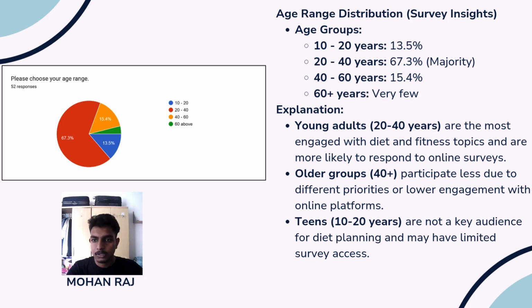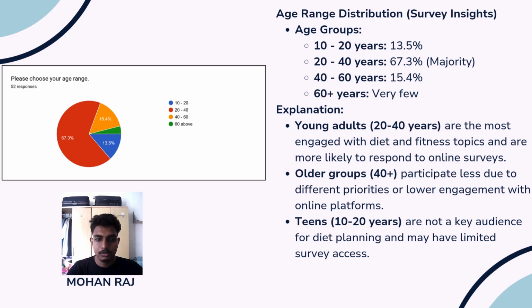The second question was please choose your age range. For this question, 10 to 20 years had 13.5% of the vote, and 20 to 40 years, which is the majority, voted 67.3%, and 40 to 60 years had 15.4%, and 60 plus years had very few votes.